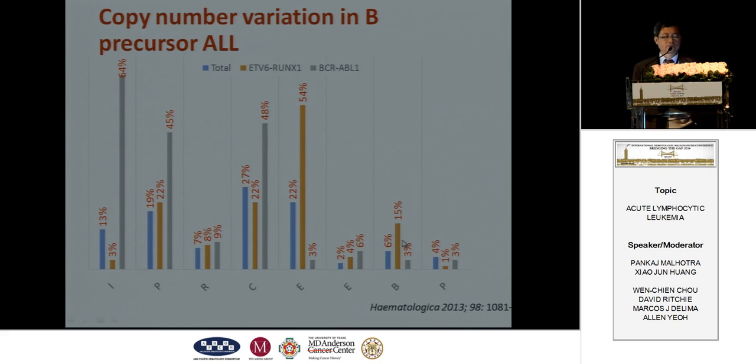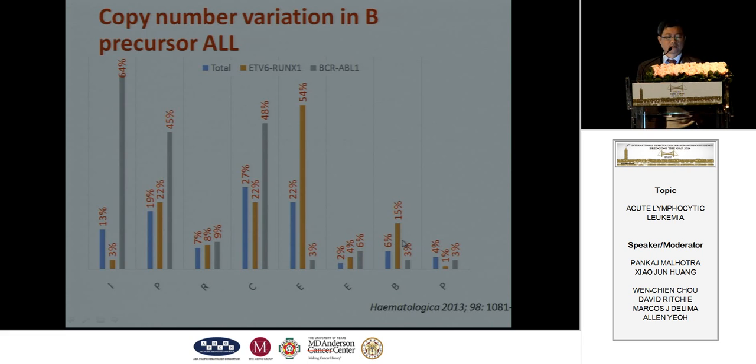And using a high-resolution SNP array, scientists have found deletion of several important genes. There's some distortion of slides, okay. And as shown here, IKAROS deletion occurs in up to 13% of all patients, but the incidence can be as high as 64% in those with the Philadelphia chromosome.